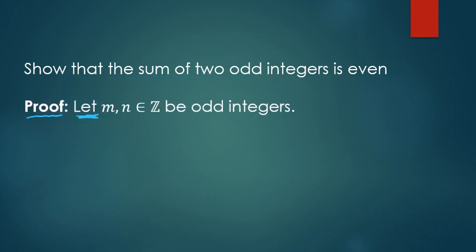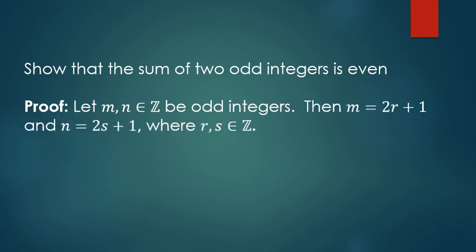Okay, well, let's think back a couple videos. We gave definitions of what it means for an integer to be even or odd. We said that an integer was odd if it can be written as 2 times some whole number plus 1. So since m is odd, m is equal to 2r plus 1, where r is some whole number.